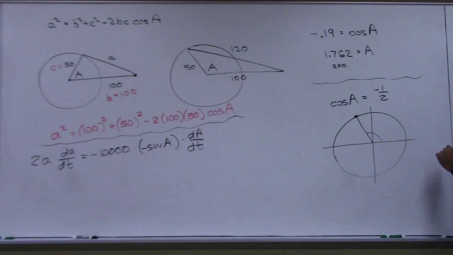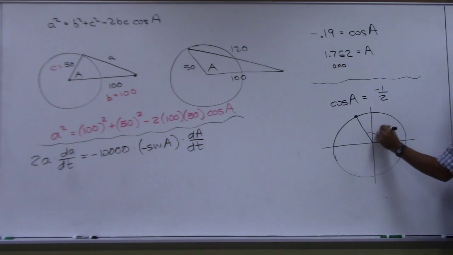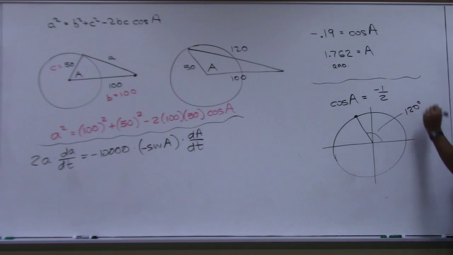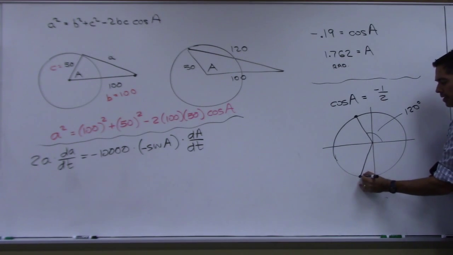It's one of the common angles. 120 degrees? Right? That's not the only place that the x-coordinate is negative 1/2. It also happens down here, right?